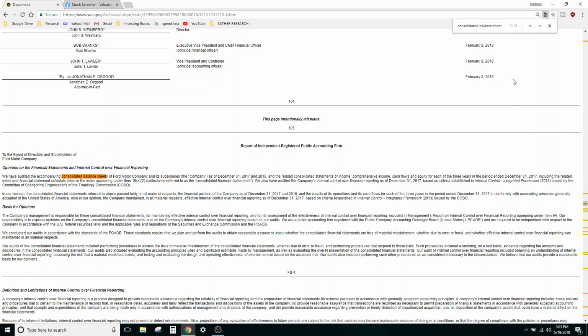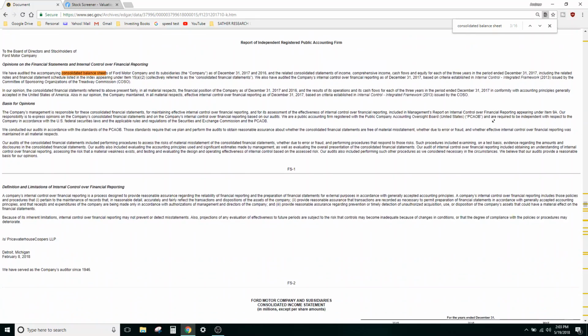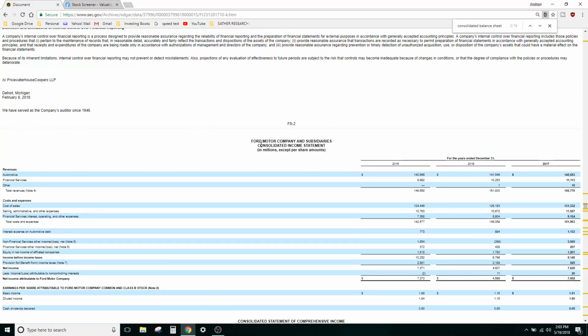versus consolidated income statement or consolidated cash flow is because a lot of annual reports have differences in how they title and format things. Almost everybody writes down consolidated balance sheet, but there'll be consolidated income statement, and then there'll be consolidated statement of income.